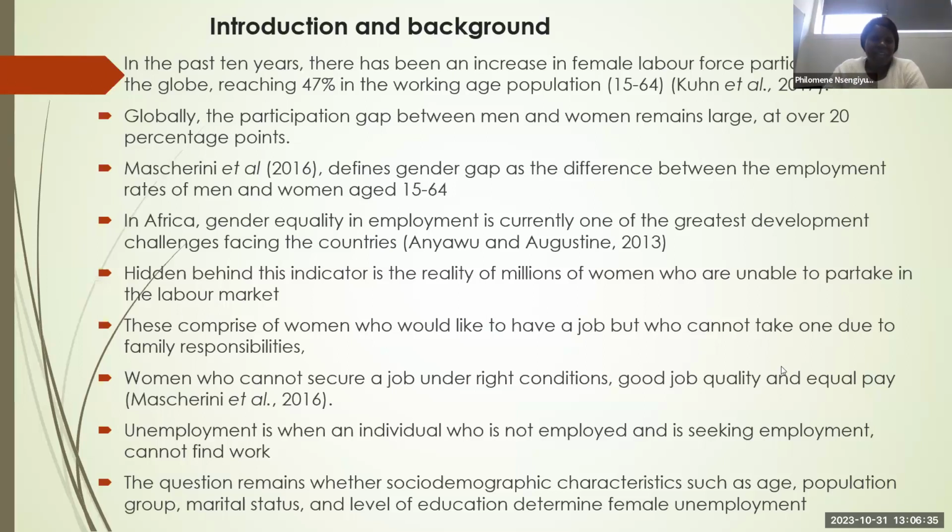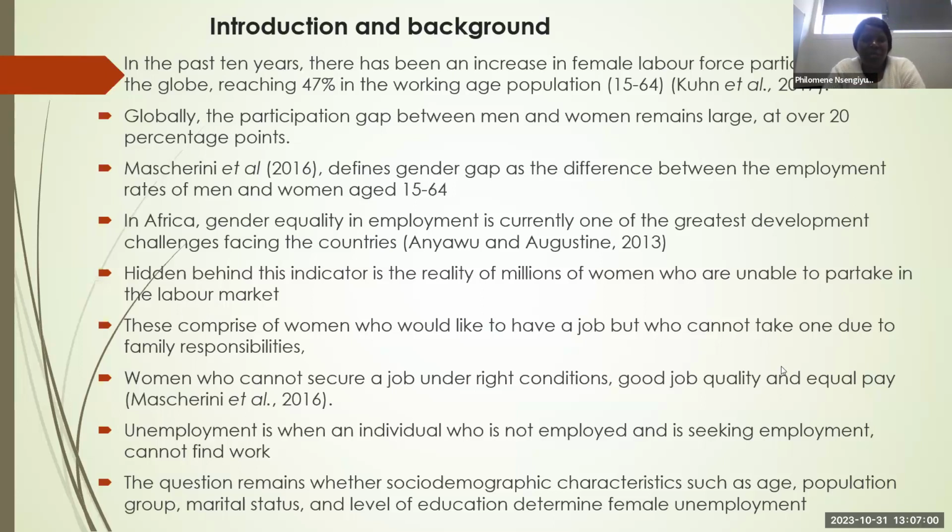Looking at Africa, gender equality in employment is currently one of the greatest development challenges facing the different countries. Hidden behind this indicator is the reality of millions of women who are unable to partake in the labor market.